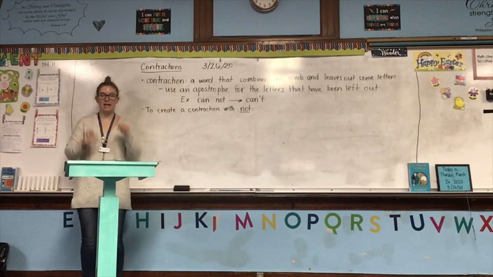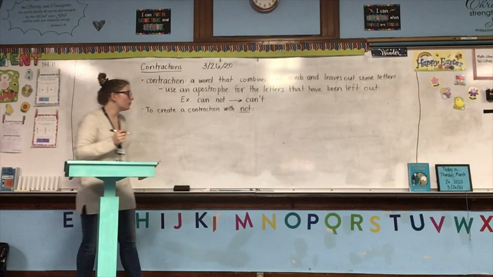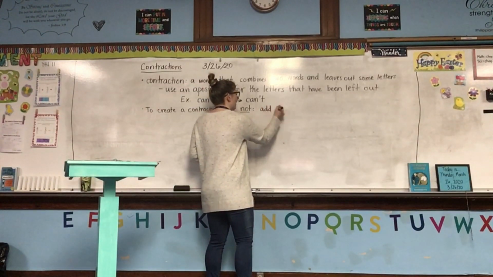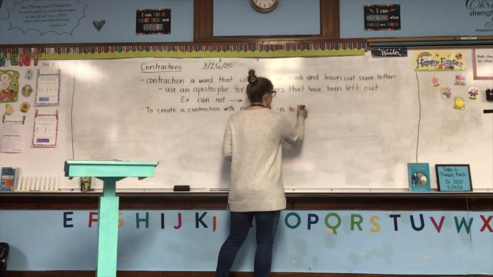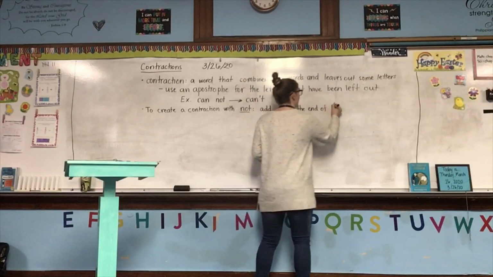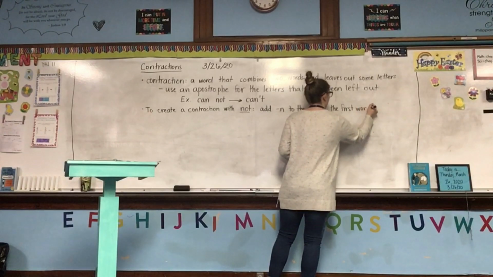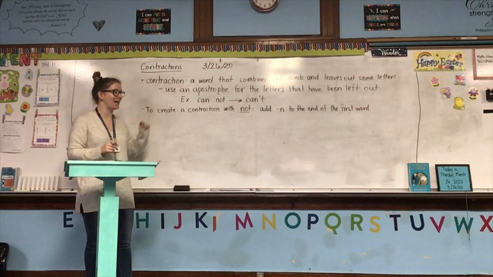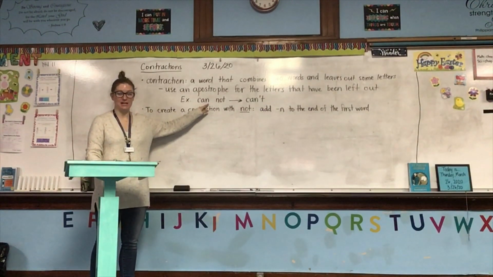So if you want to create a contraction with the word not, you are going to add the letter N to the end of the first word. So you take your first word, whatever you're creating, and you add an N to the end of it, unless it already ends with N, like the word can.